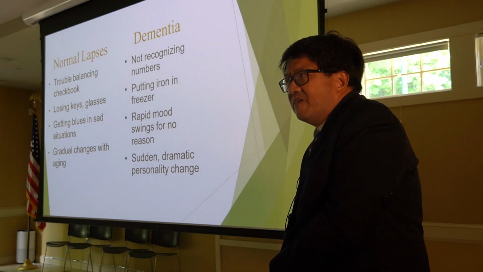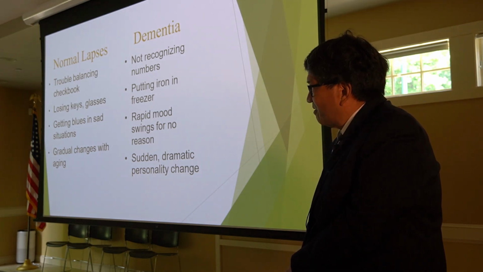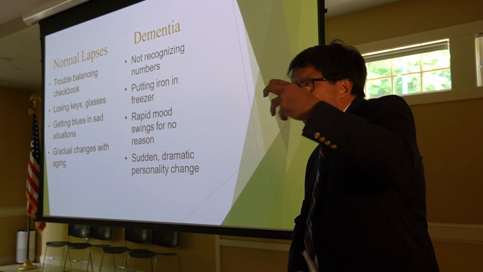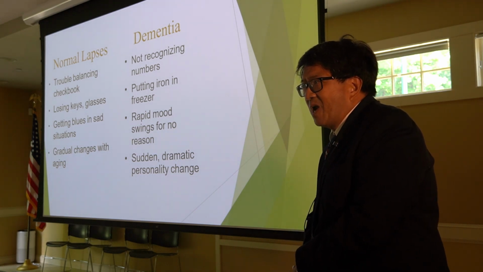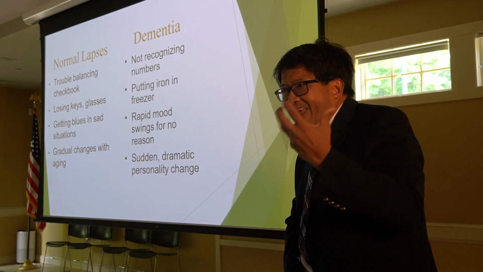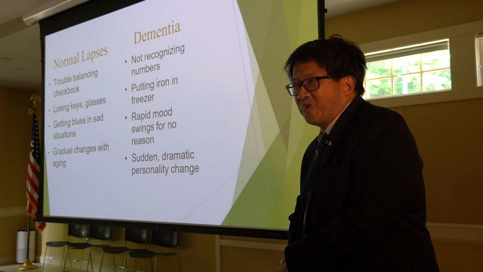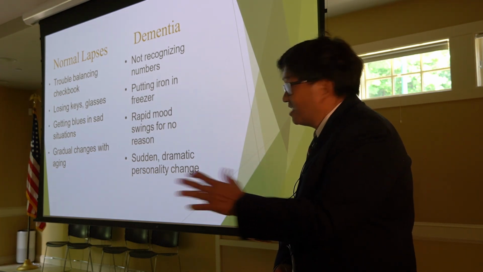I myself, as I've gotten older, feel that I've lost some processing speed. You know, things just don't come back to me as quick as they normally do. Like when I watch Jeopardy, I know the answer, but I just can't say it, or it doesn't come out. And not like 30 years ago. But that doesn't mean you have dementia.